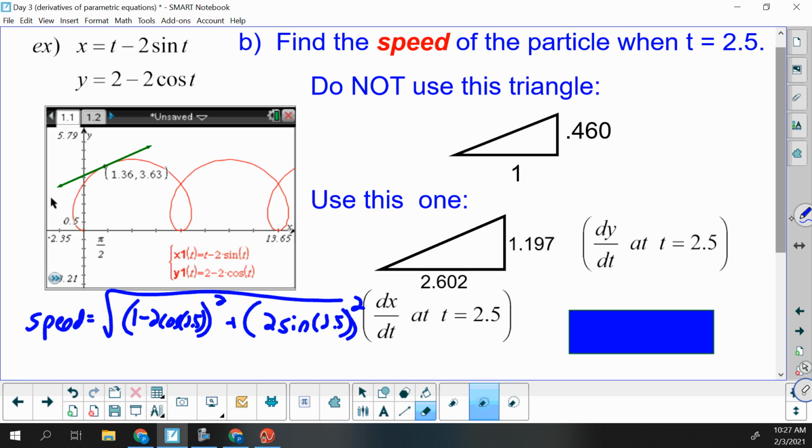So we'll give you a moment, punch that in your calculator, and round this to 3 decimal places again. So this is 2.864 for our speed. And this would be units per second for our label.